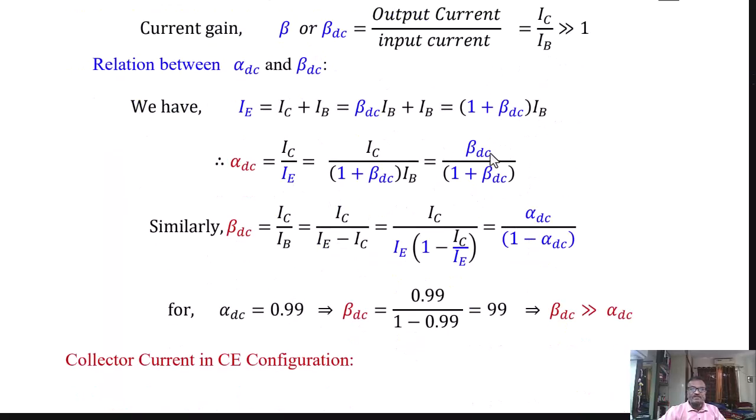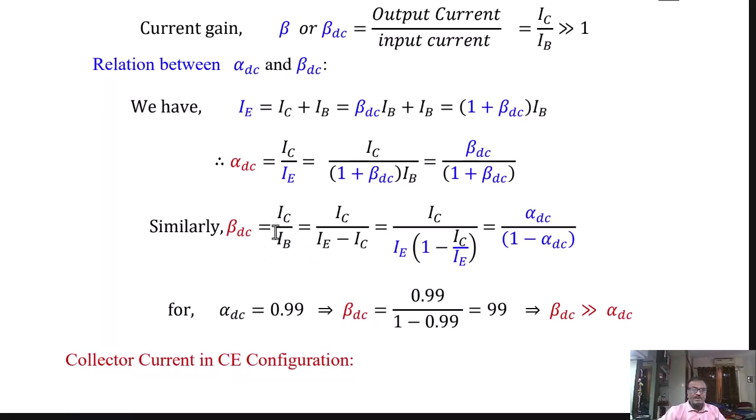From this equation, if we reshuffle and take beta on the left hand side and push alpha on the right hand side, then we will get the relationship of beta in terms of alpha. Or we can use again our current relationship of emitter current equal to IC plus IB to derive the relation between beta and alpha. We can see beta is IC by IB.